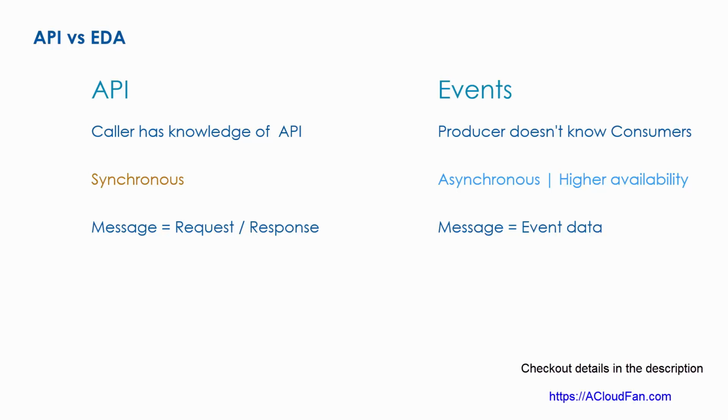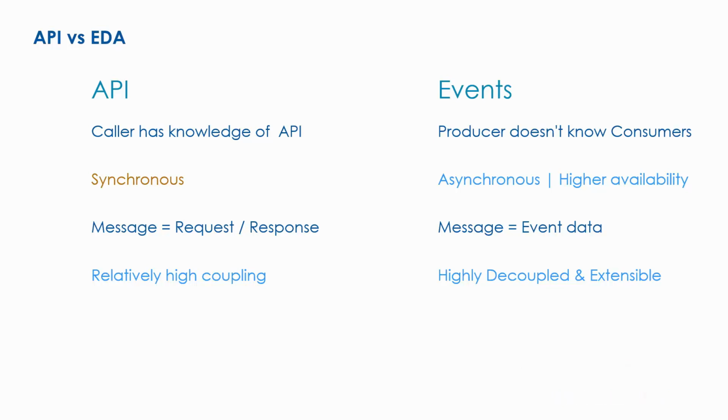In the case of API, even with the distributed architecture, there is a relatively high level of coupling between the API caller and the API endpoint. Whereas in the case of events, the event producers and the event consumers are highly decoupled, and the architecture itself is extensible. And the reason is that you may add or remove consumers without impacting the producer in any way.